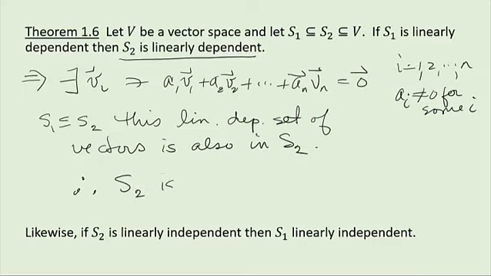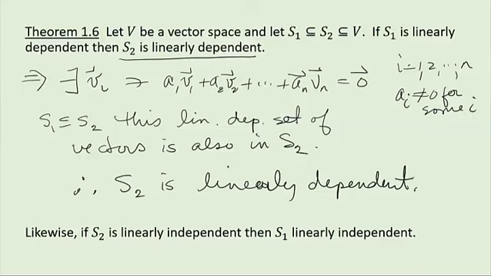Therefore, S2 is linearly dependent. Remember, for a set to be linearly dependent, all you need is some finite number of vectors where you can get a non-trivial representation, a linear combination equal to the zero vector.